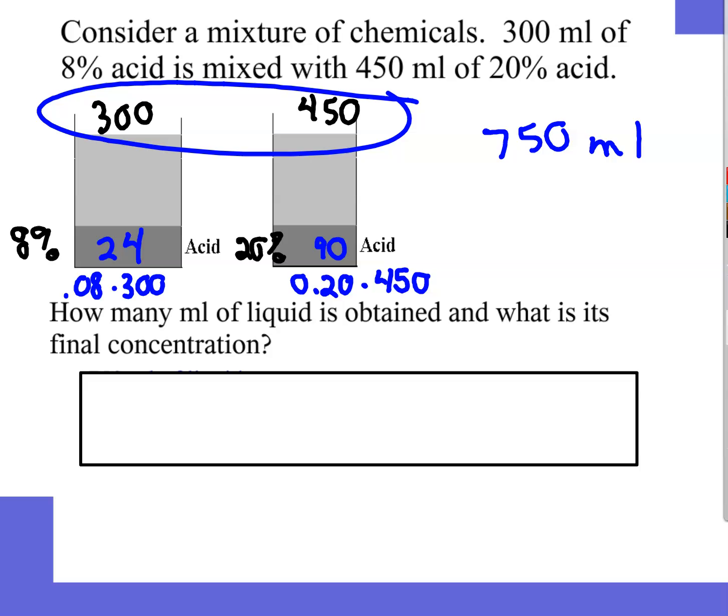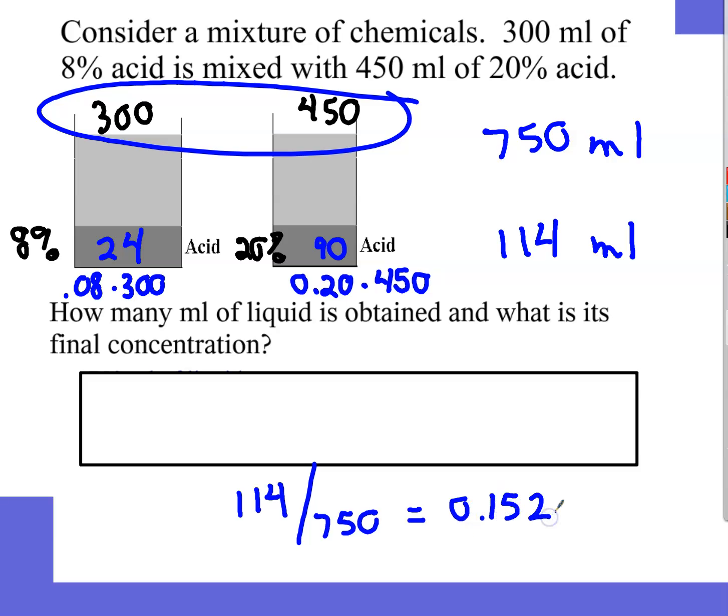Okay. So I have a final amount of acid of 24 plus 90 is 114. Okay. So 114 milliliters out of 750. What's the final concentration? Well, just take 114 divided by 750, and you'll get your concentration. So I did that division. I got 0.152. So change that to a percent. It's 15.2%.